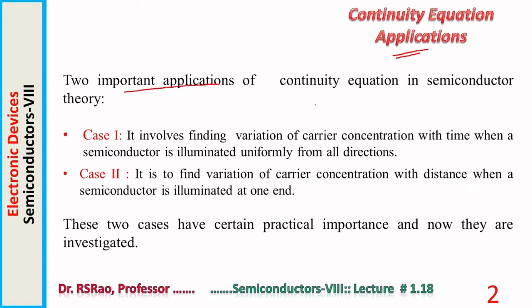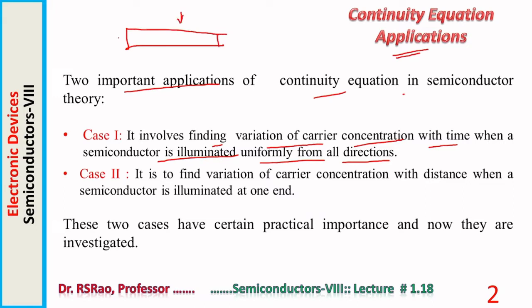Two important applications of the continuity equation in semiconductor physics are: one, finding the variation of carrier concentration with time when a semiconductor is illuminated uniformly from all directions. A semiconductor slab is there, illuminated uniformly from all directions.